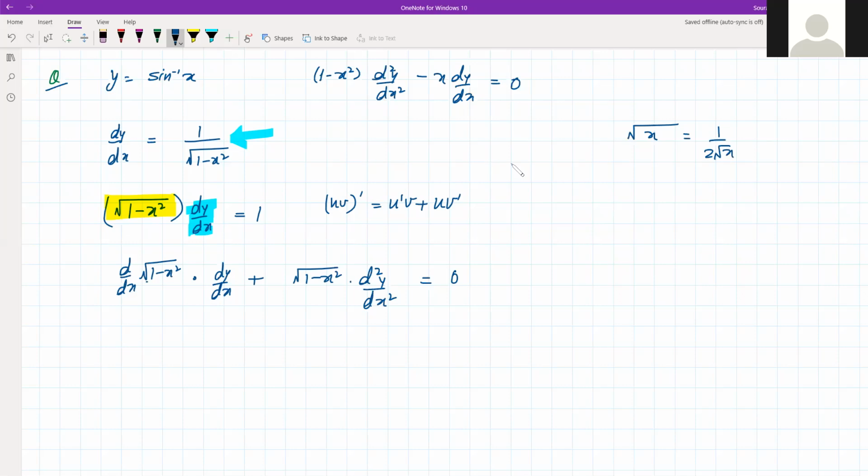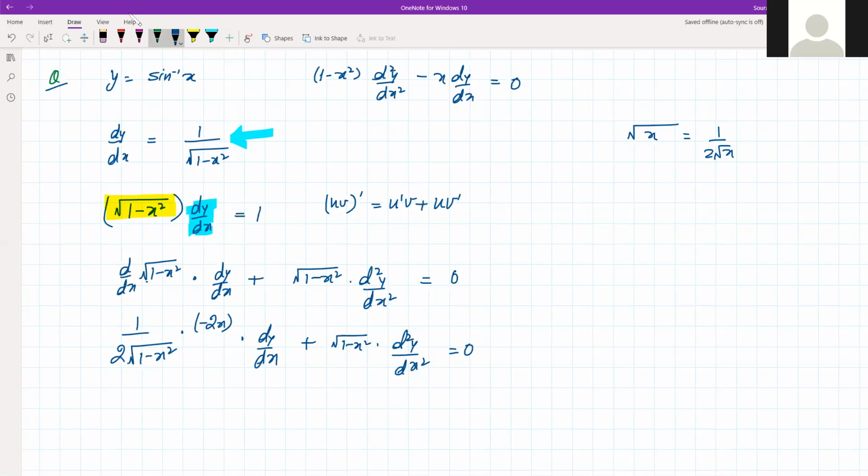So even this will be 1 by 2 root 1 minus x square. And then what? Then you have to differentiate 1 minus x square. So if you differentiate 1 minus x square, you will get minus 2x into dy by dx plus that's all root of 1 minus x square into d square y by dx square is equals to 0.